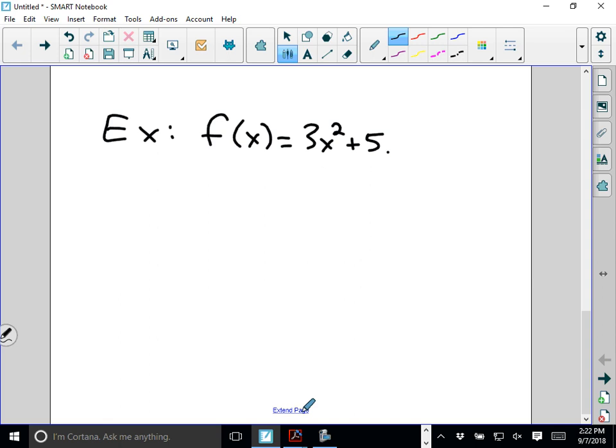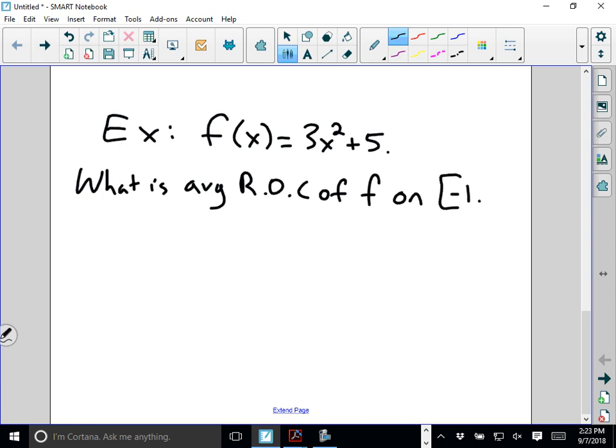What I want to know is, what is the average rate of change of f on the interval -1, 3? I don't think there's an average rate of change practice problem on the review sheet of a function, but make sure you're prepared for this because this could show up on the test as well.